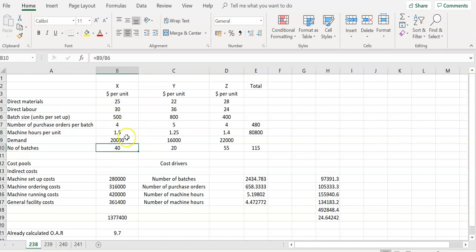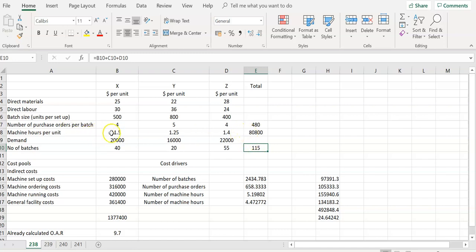If demand is 20,000 and there's 500 in each batch, then it must be the demand divided by the number of units in each batch. So I have 40 batches of 500 giving me 20,000, 20 batches of 800 giving me 16,000, and 55 batches of 400 giving me 22,000. So I now have the batches, and I can find the total number of batches.